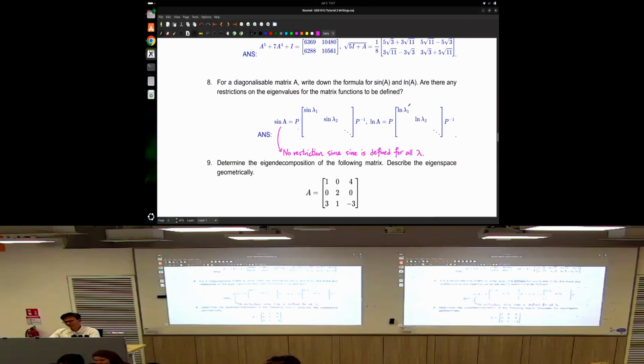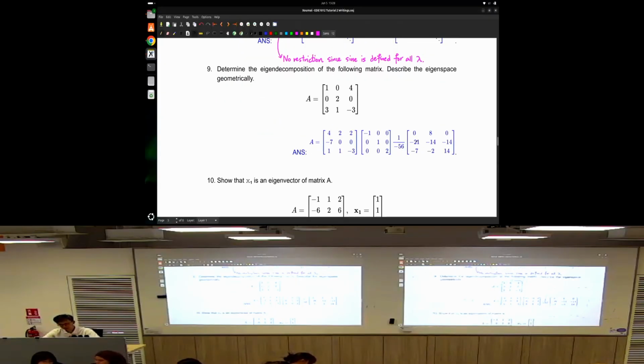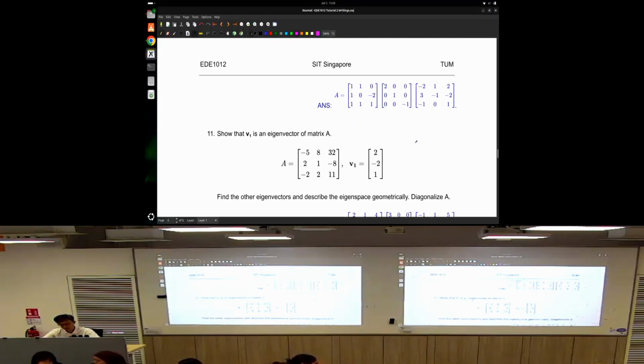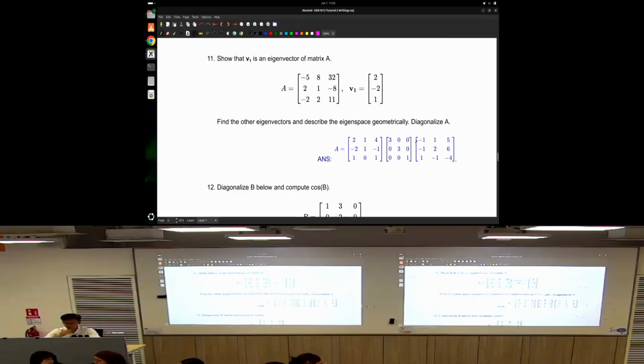So ln A will be defined for all lambda more than 0, only if all your eigenvalues are positive, because you cannot take ln of 0 or ln of a negative number. Different functions might have some restrictions. I think questions 9, 10 and 11 are very similar.